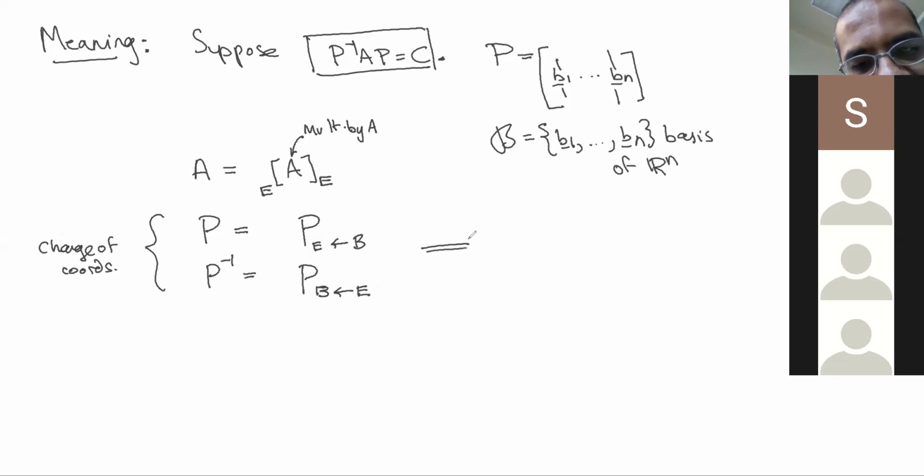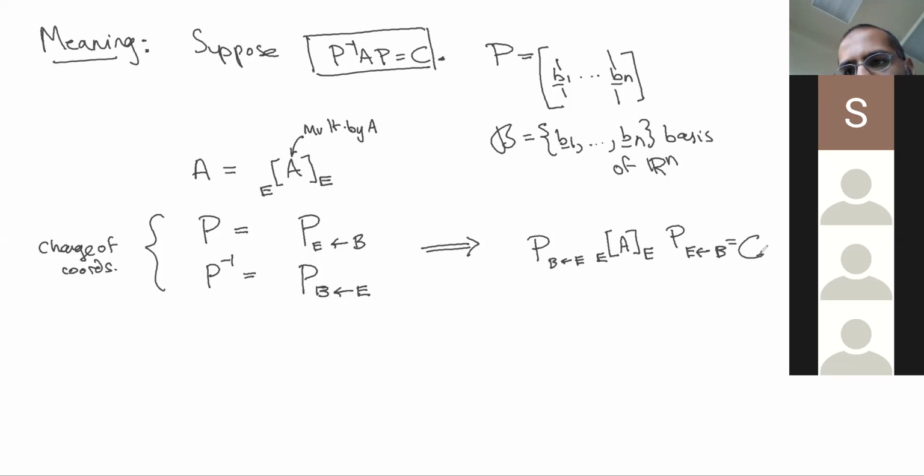If you use this interpretation and rewrite that equation, you get that P from E to B applied to A in the E basis times P from B to E is equal to C. It's literally the same equation.